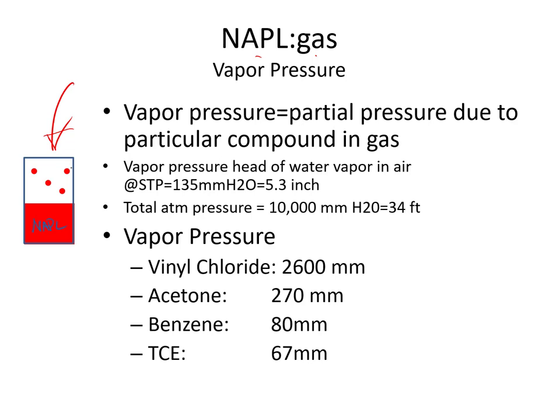And so up here in the headspace, there's some molecules that were in the NAPL, but they go and partition into the headspace where they're vapor. And so then we have a partitioning between the NAPL and the vapor.